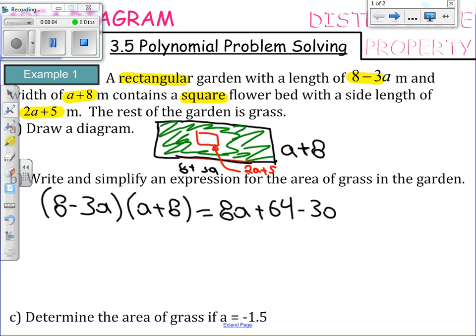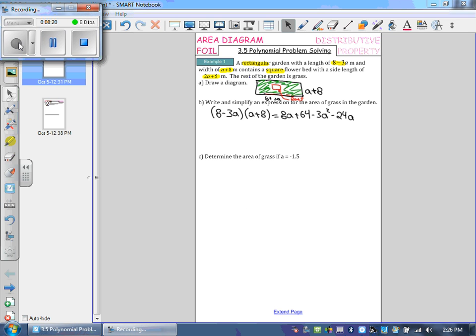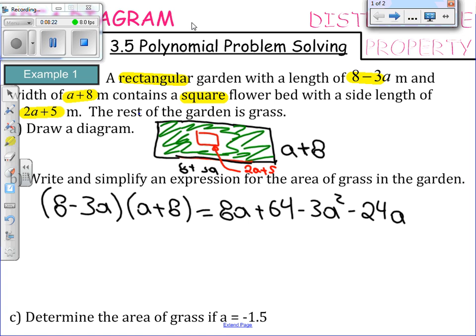And the last would be minus 24a. Okay, so we have the area of the entire rectangle solved. How do you get the area of the square now?